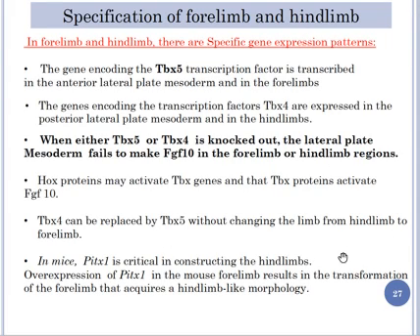So this is what's known about the specification and the genes expressed in the forelimbs and the hind limbs. And it seems like TBX5 and TBX4 are not the only genes that specify the forelimbs and the hind limbs.